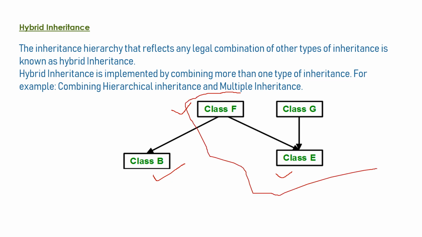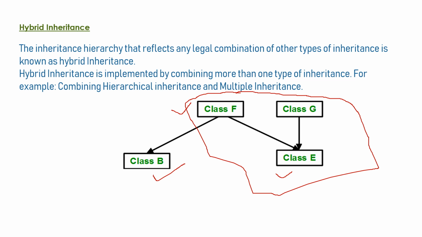Here F is the base class and G is also a base class, that is more than one base class and only one derived class. So this class E can inherit the properties from F and also inherit the properties from G, and this concept we have seen in multiple inheritance.